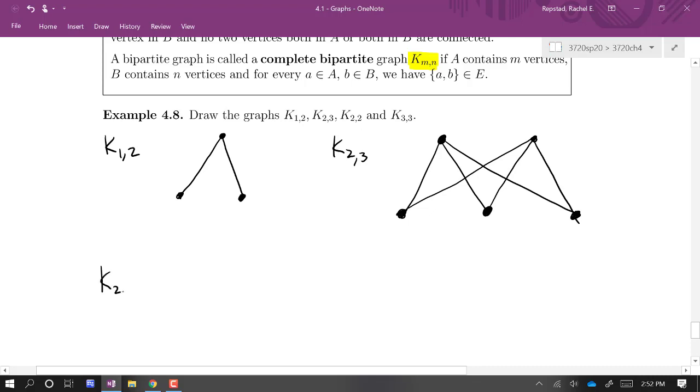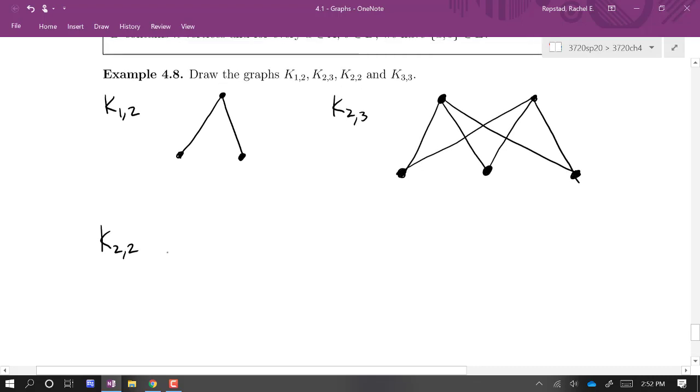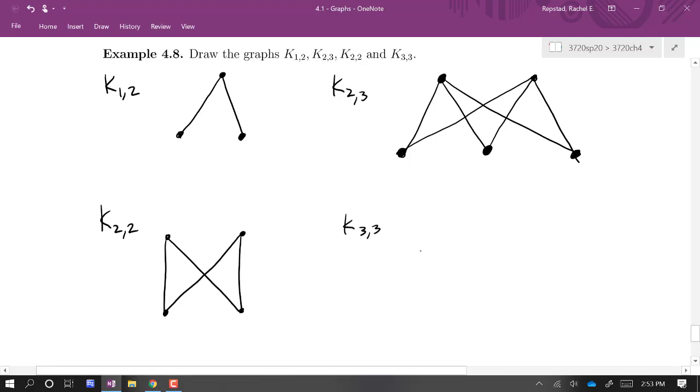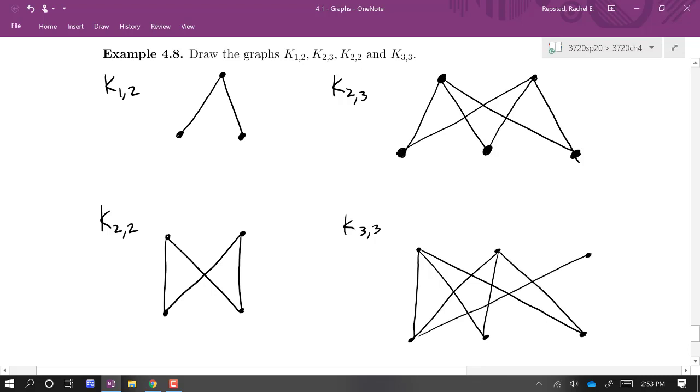K2,2. 2 vertices on top, 2 vertices on the bottom, and the edges can only go in between. So that's going to look like that. And then K3,3. 3 vertices on the top, 3 vertices on the bottom. Drawing all possible edges between the 2 sets. Looks like that.